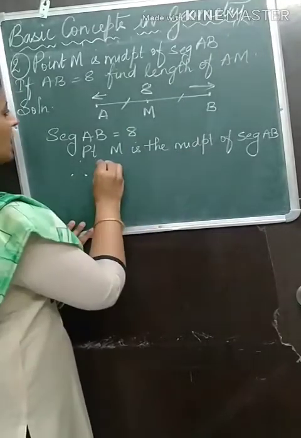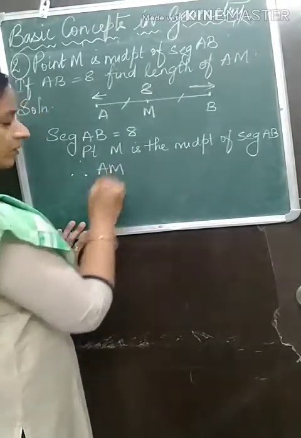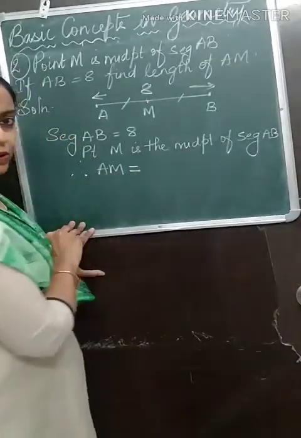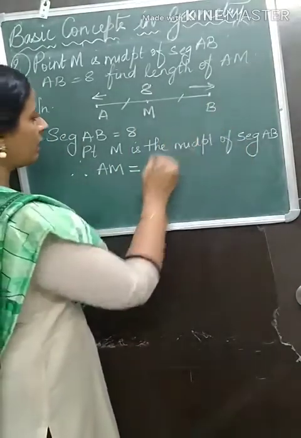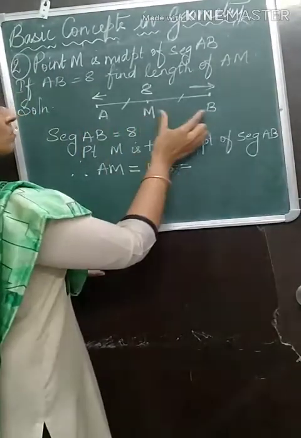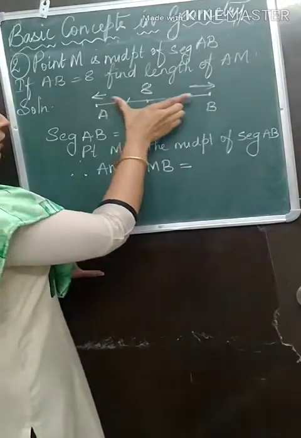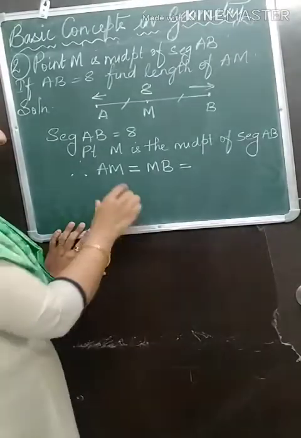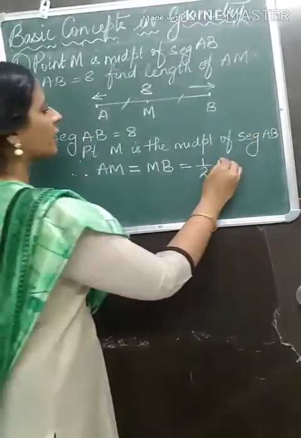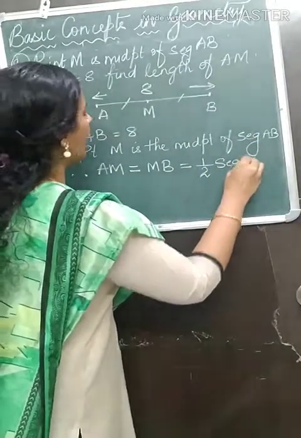AM. This part will be equal to the second equal part MB. These two parts will be half of the whole segment, right? It will be half of the bigger segment, the whole segment, that is AB.